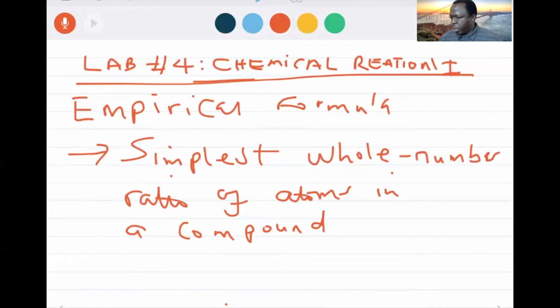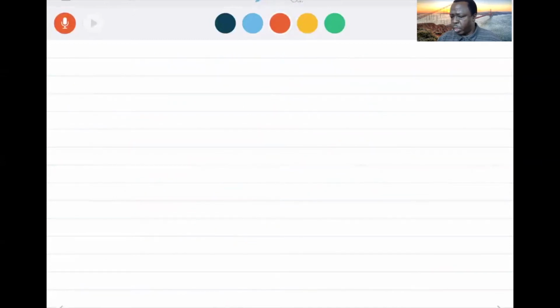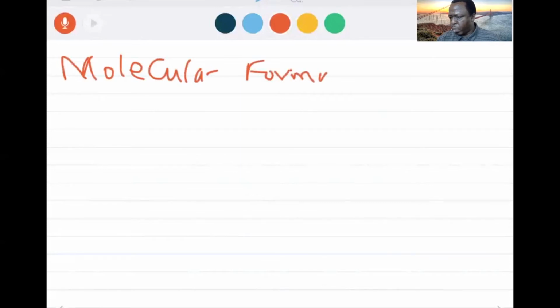There is another term which typically goes hand in hand with the empirical formula, and this is the molecular formula, abbreviated MF.